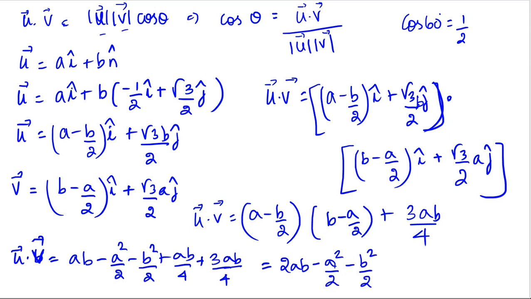Now we have to find the mod also. So mod of u into mod of v into cos 60, which is 1 by 2. So we are going to solve this RHS totally.